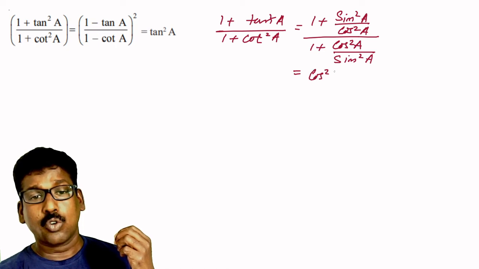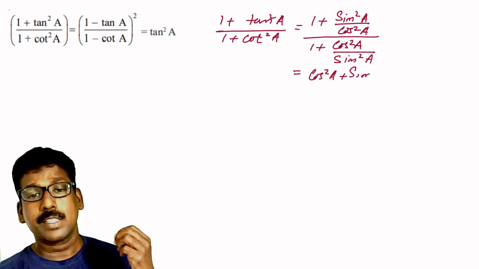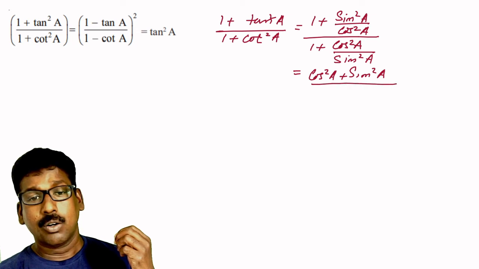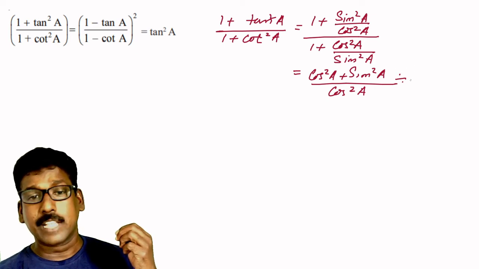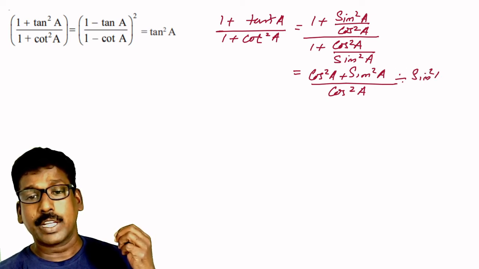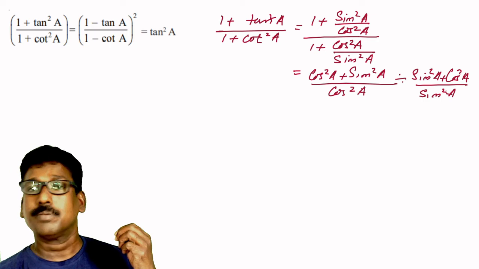It is cos square A plus sin square A whole divided by cos square A, again divided by the next one, sin square A plus cos square A whole divided by sin square A.